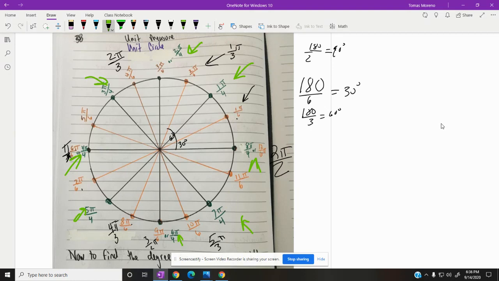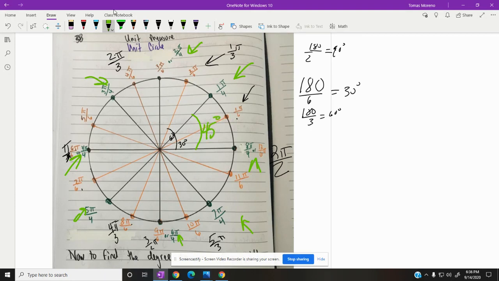So if you were to take a wild guess, what would this angle be? This 1/4 pi. Okay. So we already know it. We know that this was 90 and this 1/4 is half of that. So this is actually a 45-degree angle, right?